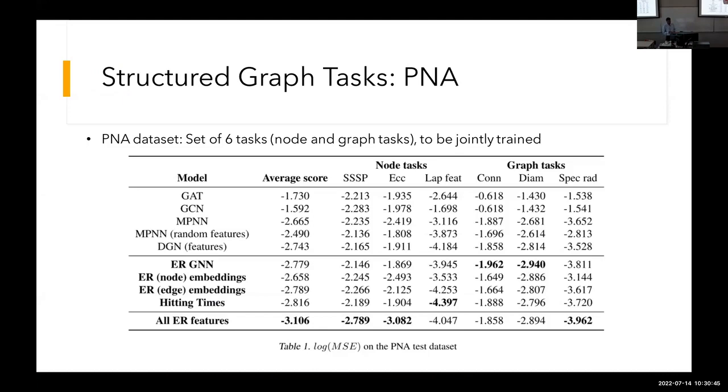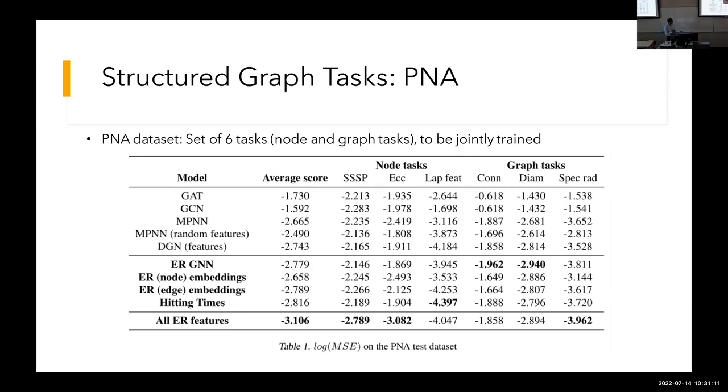This is a synthetic data set consisting of 6 different tasks: 3 node level tasks and 3 graph prediction tasks. The idea is that you want to see how well you learn an embedding such that you can do well on all these tasks together, so the idea is to jointly train these node and graph level tasks.